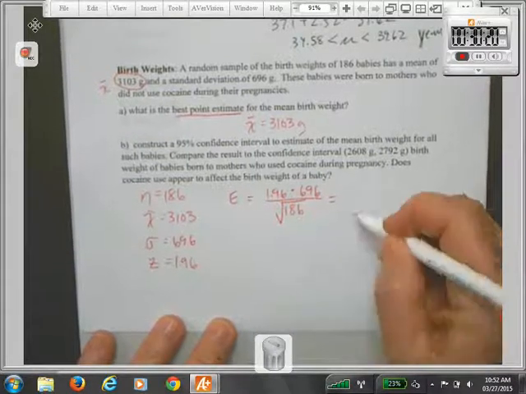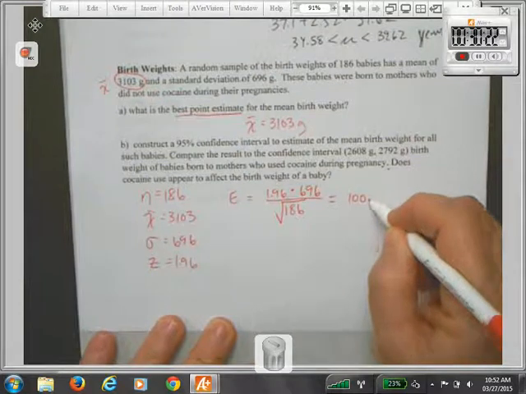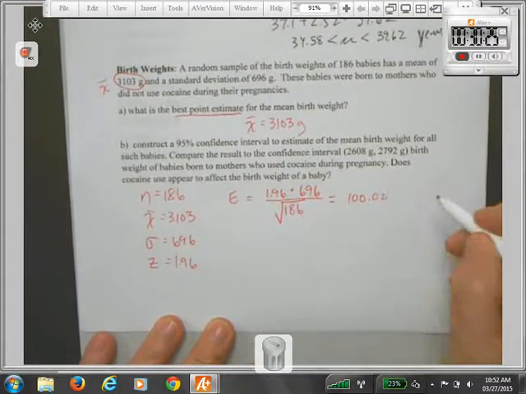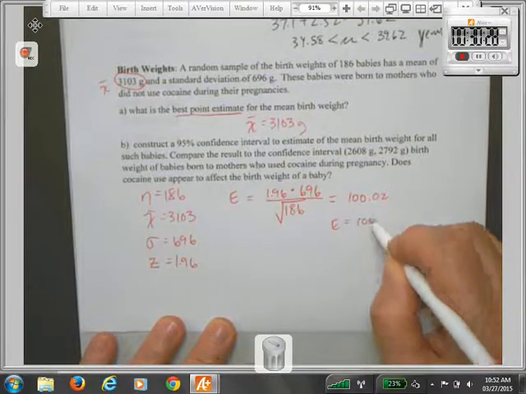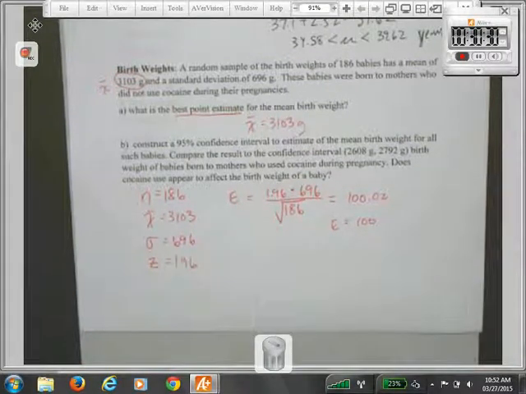We'll go with E equals just 100, and that's grams, 100 grams.